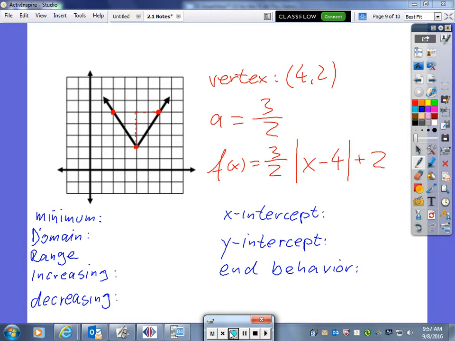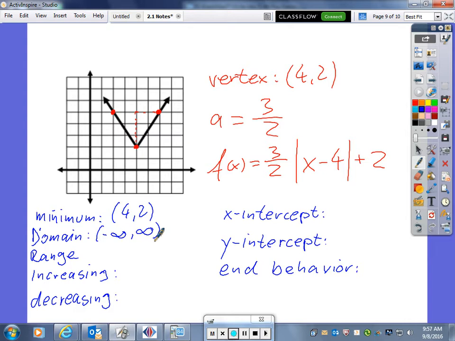Okay, for practice purposes, let's go ahead and find the characteristics of this function. Our minimum is at 4, 2. There is no maximum, as indicated by the arrows that go up in both directions. The domain goes from negative infinity, and I'm writing this in interval notation this time, to positive infinity.